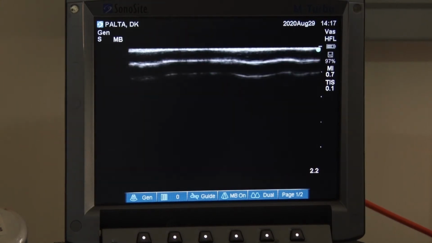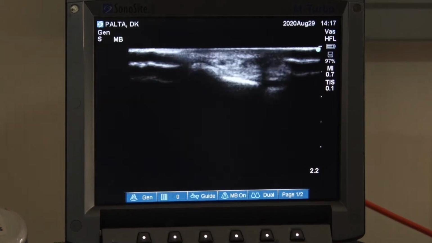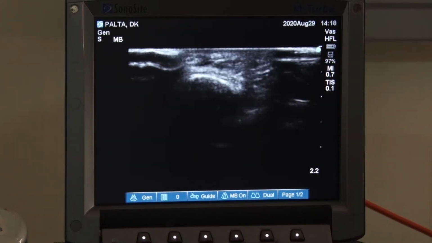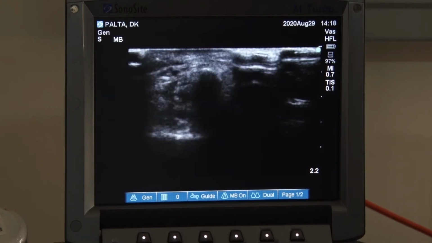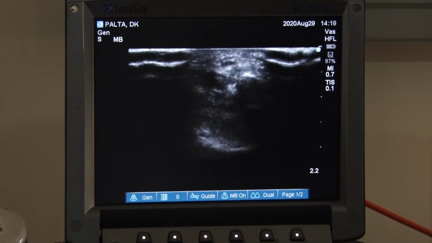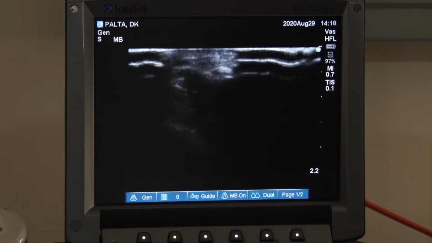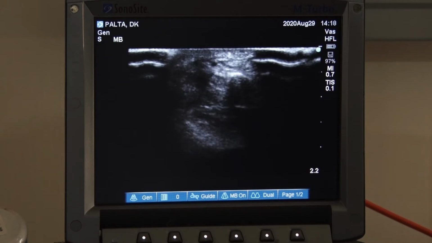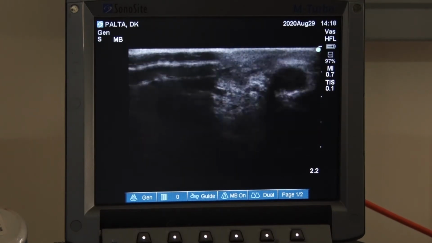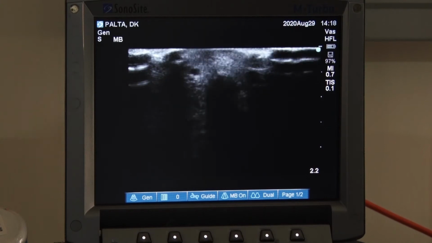You can see the pollicis digital artery also, the digital artery of the thumb, the digital artery of the index finger, and the digital artery of the other fingers. So with that, we have completed the arterial system from the heart to the fingers.